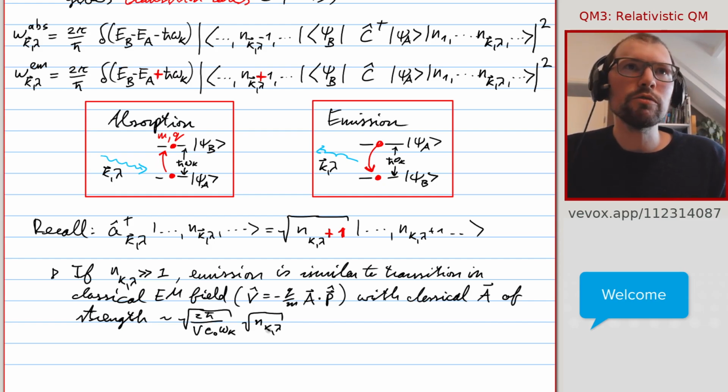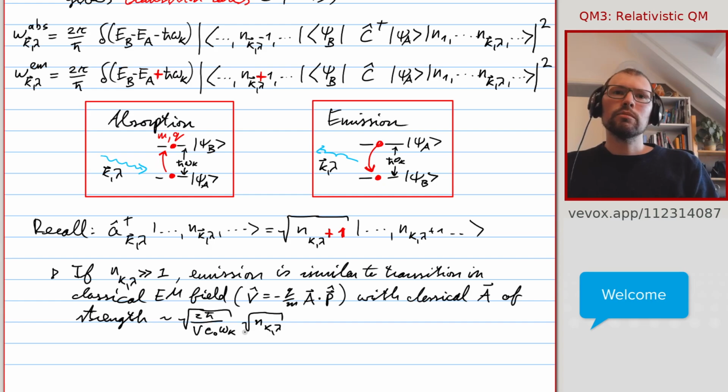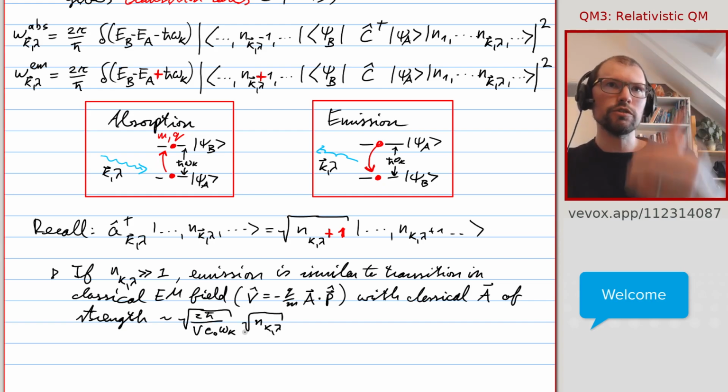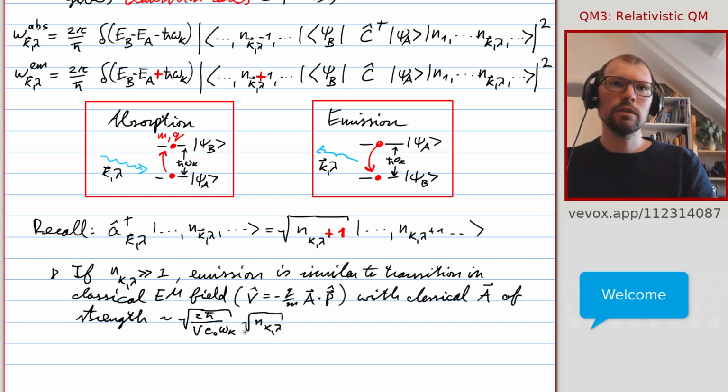Now that it's the square root of the number of photons should not come as a surprise because, well, we said, for instance, that the Hamiltonian of the electromagnetic field is expressed as an integral of the square of the vector potential. But the Hamiltonian is linear in the number of photons because every photon contributes the same amount of energy.